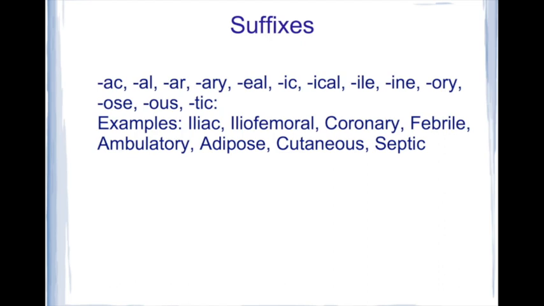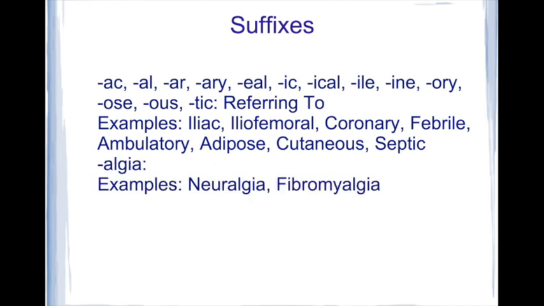All of these just mean referring to. So iliac is referring to the ilium. Iliofemoral, referring to the ilium and femur. Coronary, referring to the crown, usually like the coronary arteries. Cutaneous, referring to the skin. So you see these at the end of words, and it just means referring to.